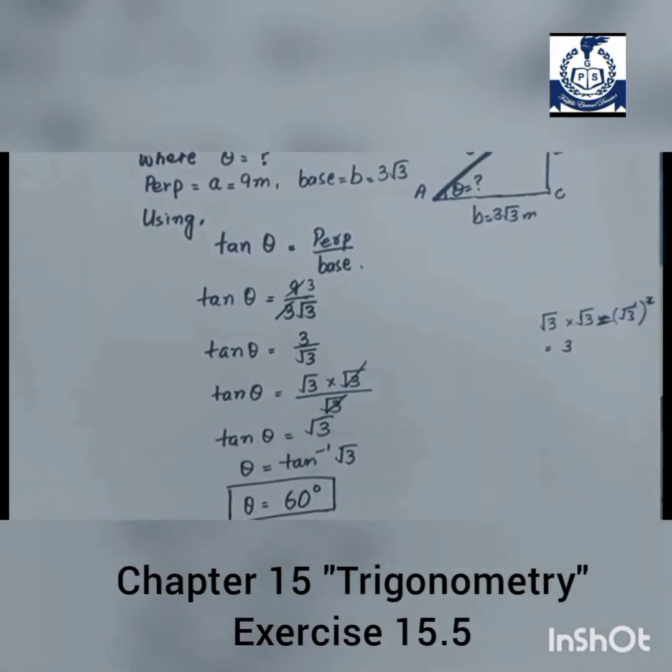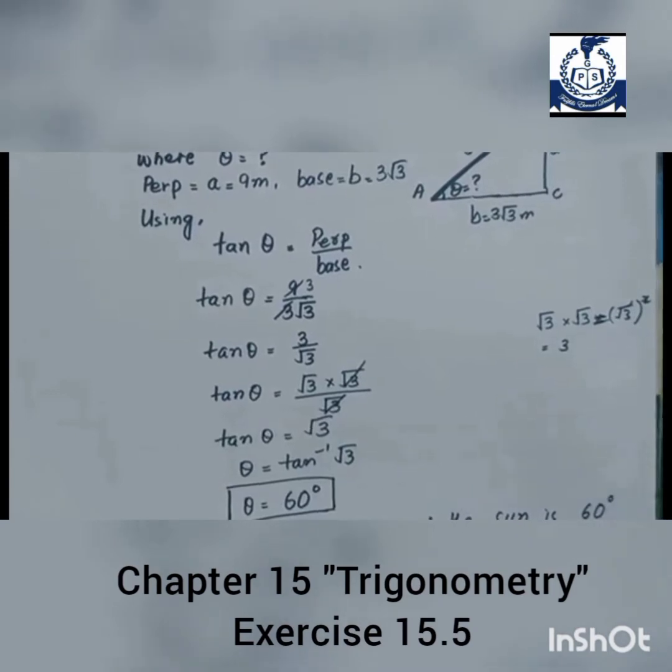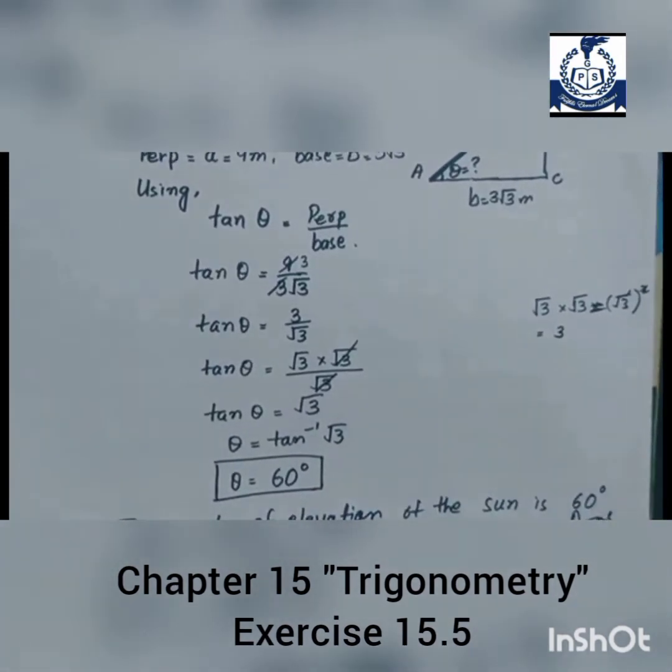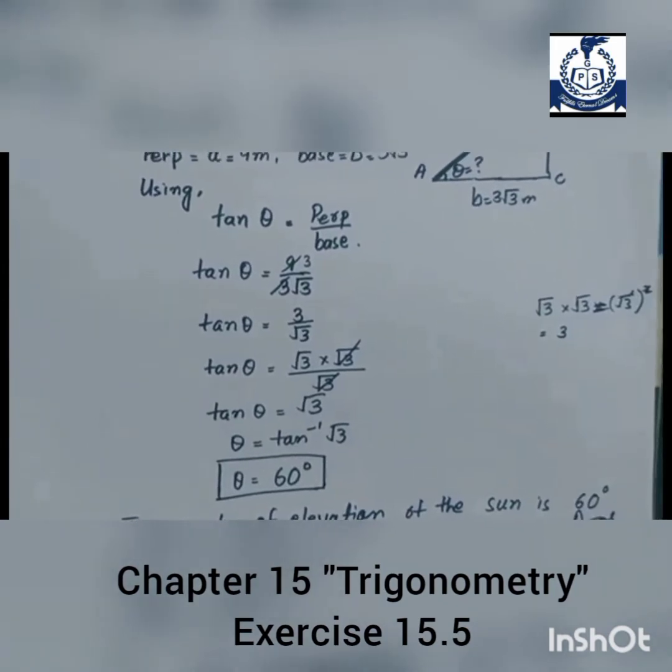Value of theta is equal to 60 degree. So here I write the answer. Okay, so the angle of elevation of the sun is 60 degree and this is the answer.